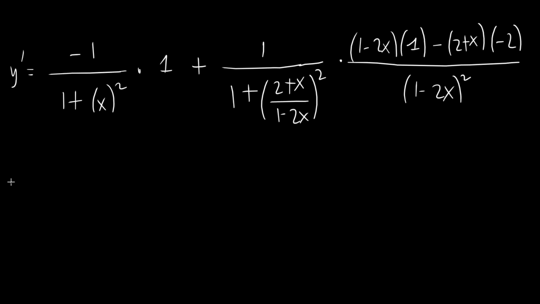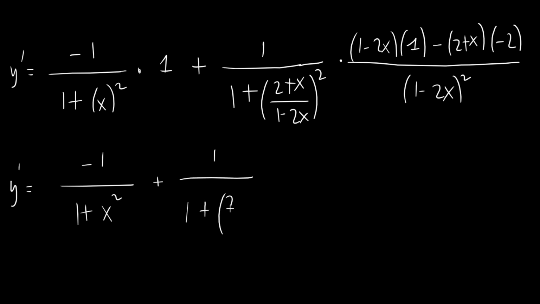So we have y prime equals negative 1 all over 1 plus x squared, plus 1 all over 1 plus, just copy, 2 plus x all over 1 minus 2x raised to the power of 2.